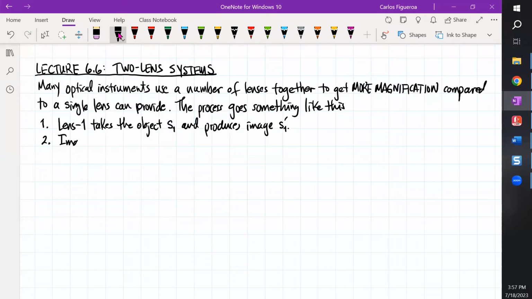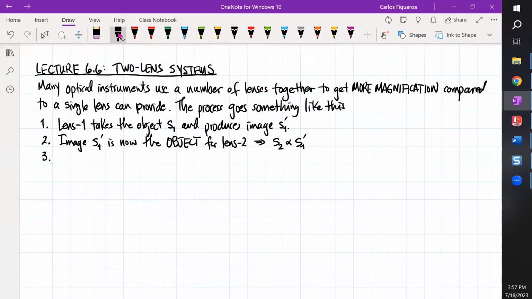Image S1 prime is now the object for lens 2. So that means here that the object S2 is proportional to S1 prime. I mean, they're the same, but you'll see that the distance is different.